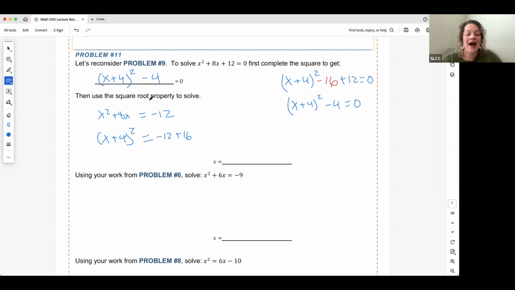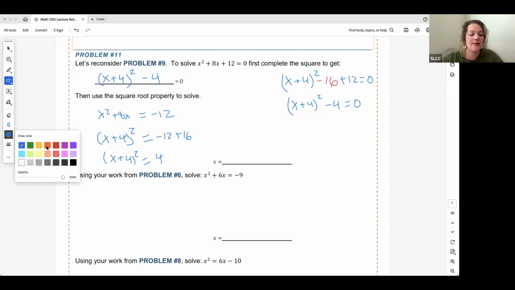So now, how do we do it just algebraically without looking at the pictures? Move c to the other side. Take half of b, square that number and add it to the other side. Then I see that x plus 4 quantity squared equals 4, and now I can solve using the square root property.